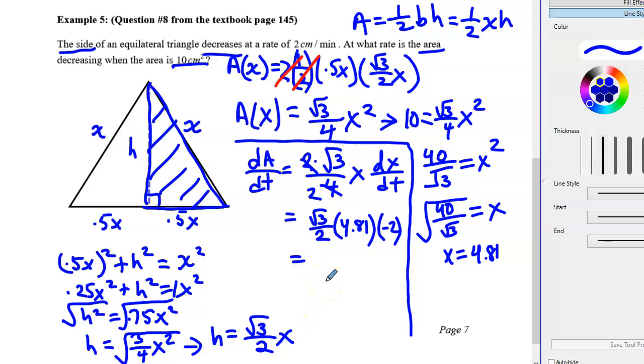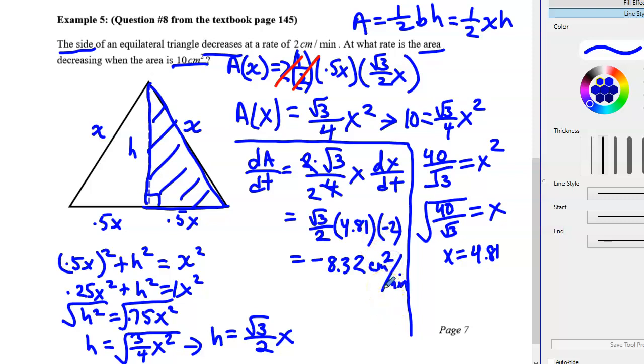So I'll take the exact value of the 4.81, multiply that by negative 2, multiply that by root 3 over 2, and I end up with negative 8.32. And that would be centimeters per minute. Oh, and I should probably say square centimeters per minute.